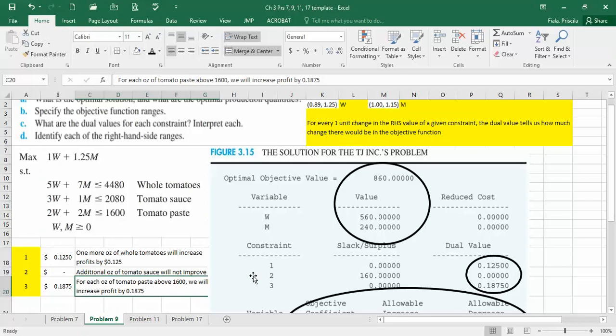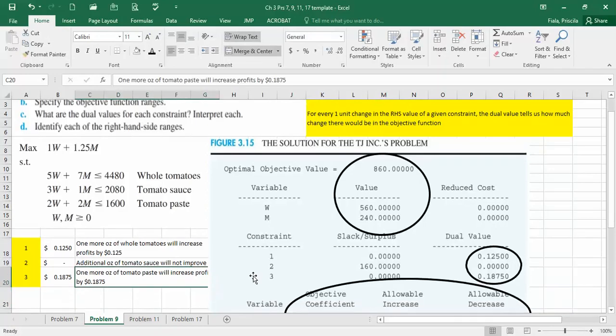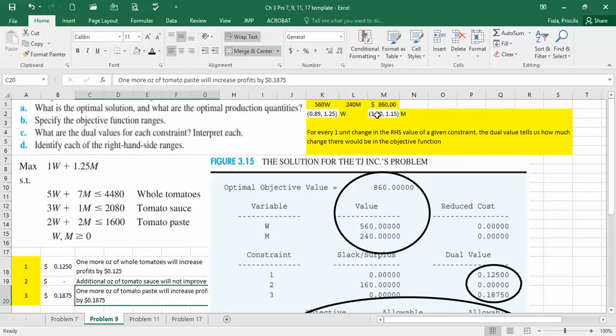Or you can also say one more ounce of tomato paste will increase profits by 0.1875 or 18.75 cents. And then you would be done with problem A, B, and C.